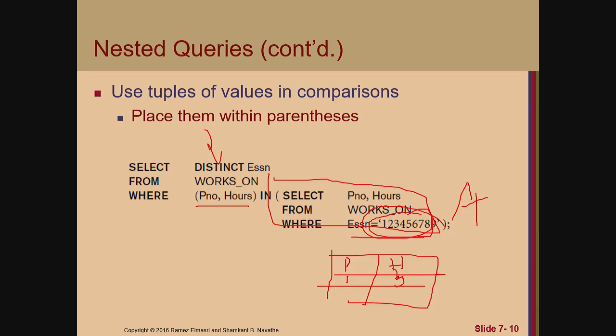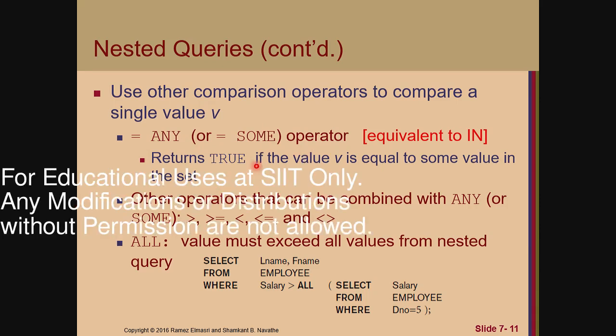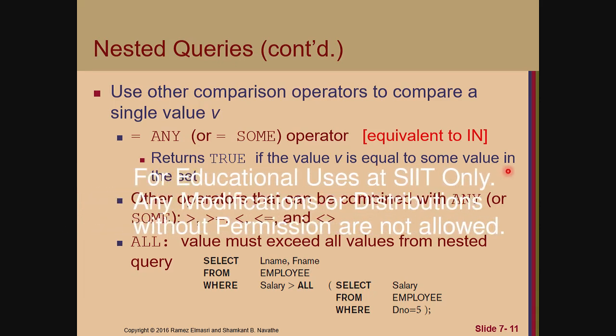Next is to use other comparison operators to compare the single value. Okay, we use the equal ANY, or equal SOME operator. It returns true if value v is equal to some value in the set.